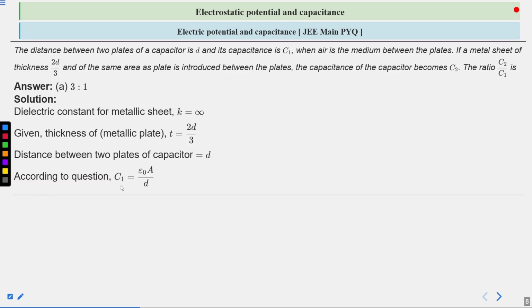So according to the question, C1, when there is no dielectric medium, when there is air between the plates of the capacitor, is epsilon naught A upon d. So this is C1.